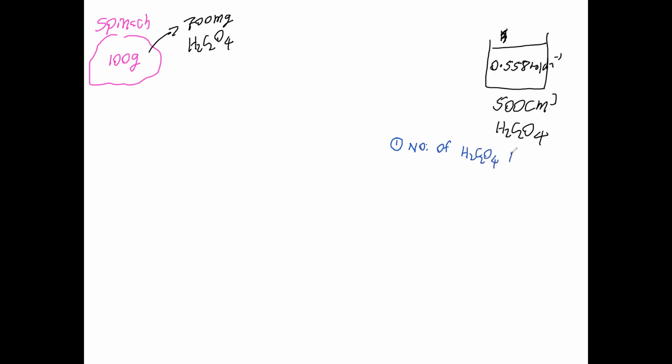We know that C equals N divided by V, so N equals C times V. So N equals 0.558 multiplied by volume, which is given, 500 divided by 1000.